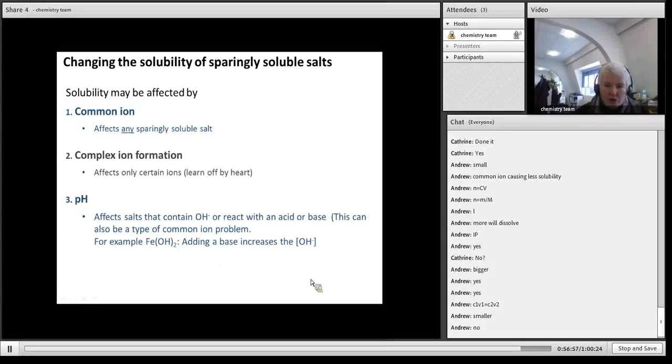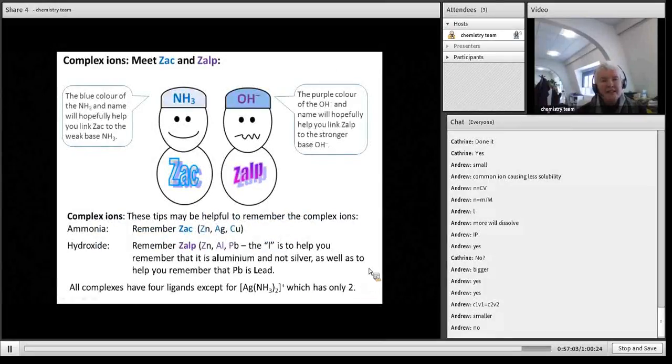I'll just do this so that when we go over it next time, I'm going to say meet Zach and Zelp. So next time, remember Zach and Zelp, and they will help you remember what the complex ions are. So Zach is the one that forms complex ions with ammonia, and Zelp is the one that forms complex ions with hydroxide.